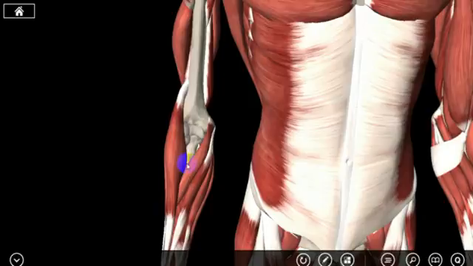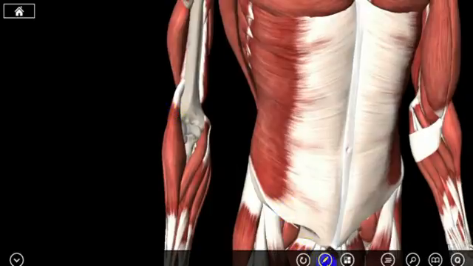Now, the base of the cubital fossa is kind of tricky because there is no muscle, there is no landmark with which you can identify the base. It's just an imaginary line joining the two epicondyles, just like this.